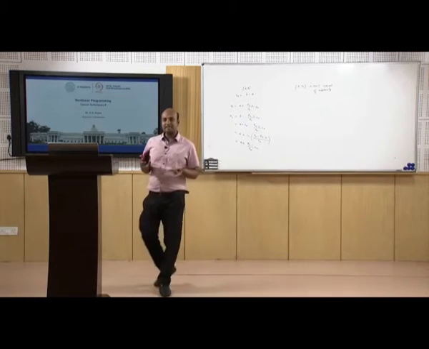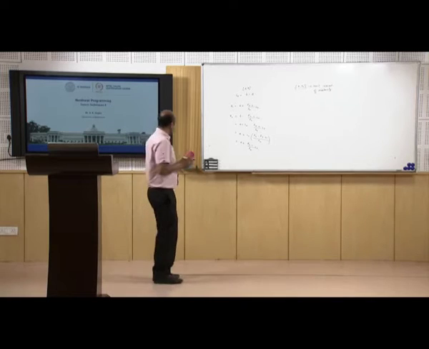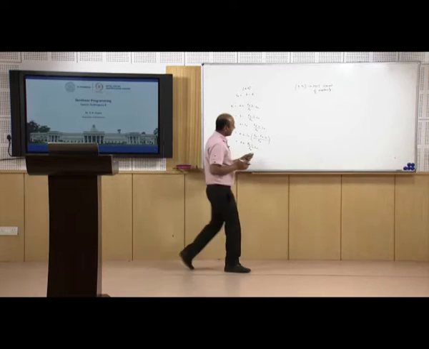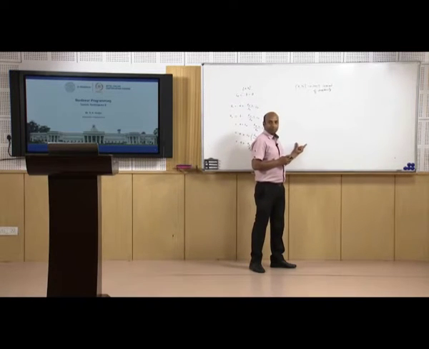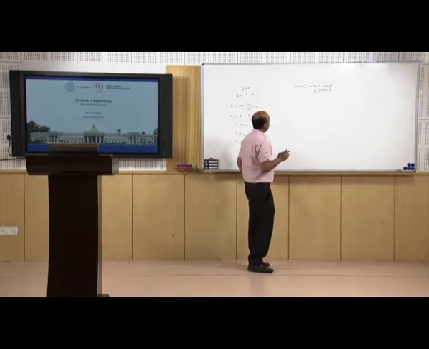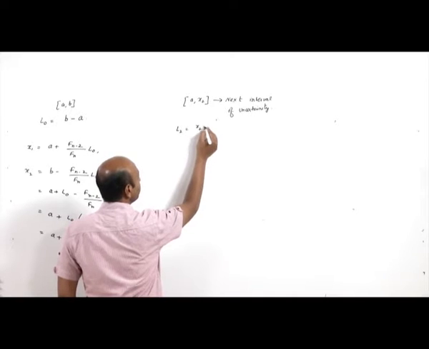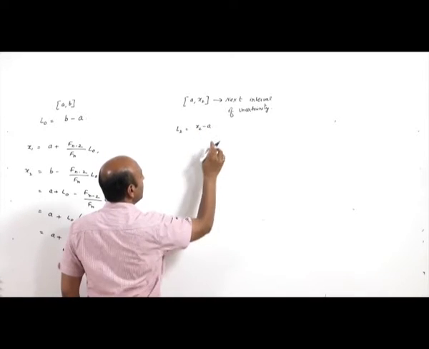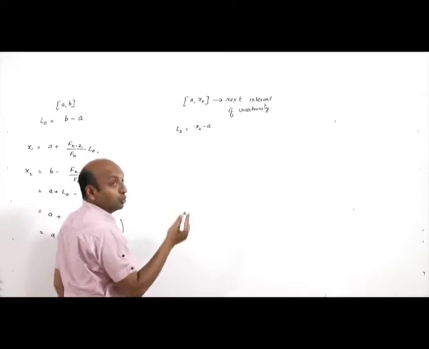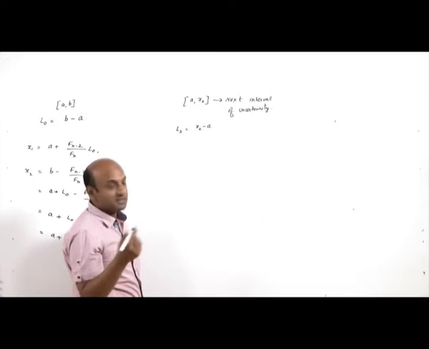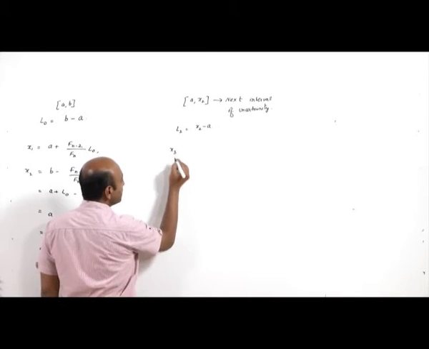I am discussing here the one interval, the same process will be followed if the interval is x1 to b. So, now what will be the length? Length is x2 minus a. And now how will we find the next 2 experiments? Suppose the next 2 experiments are x3 and x4.